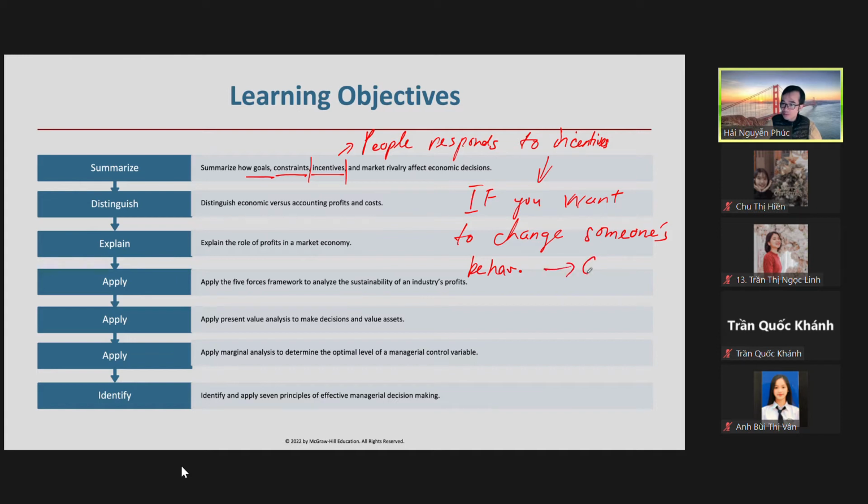You have to create some kind of incentive. You have to create the incentive.